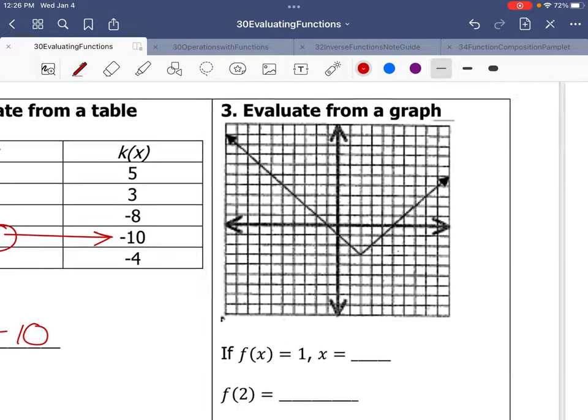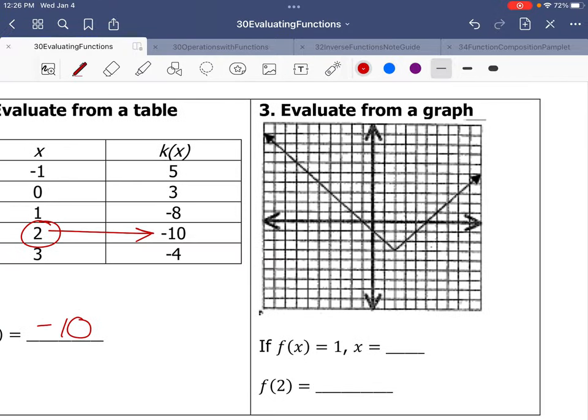What about evaluating from a graph? It's still the same idea, understanding that we have an x value and we have a y value. Oh, wait a minute, for this problem, I'm actually given the y value. I'm given the y value of 1. Now, y equals 1 everywhere along this horizontal line.